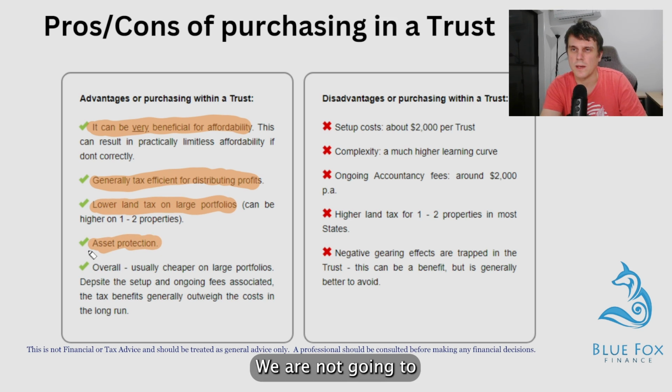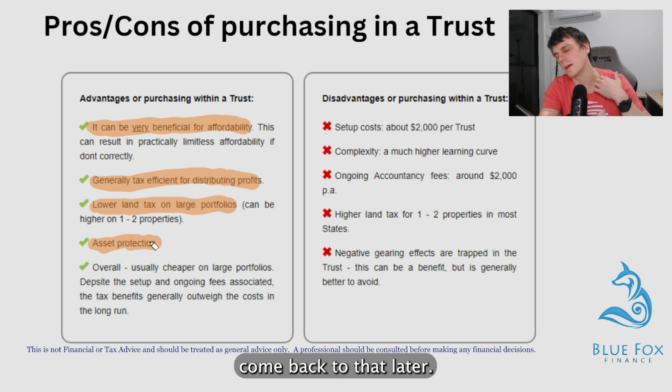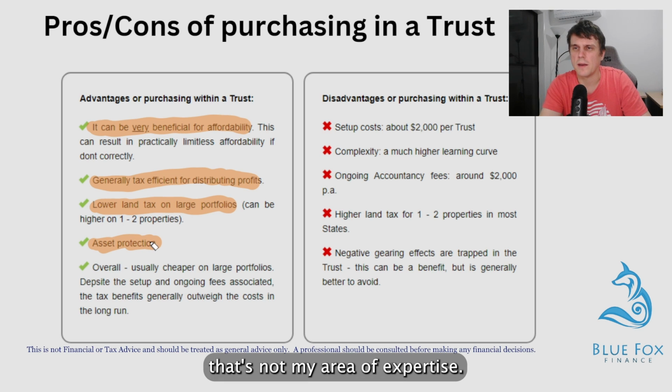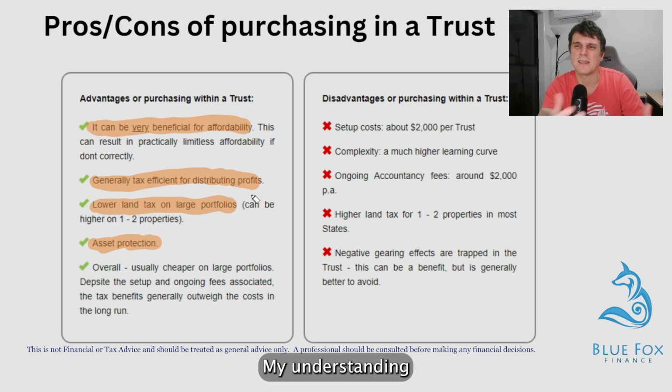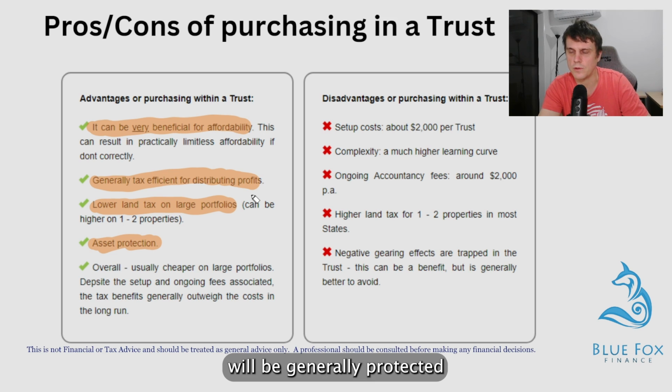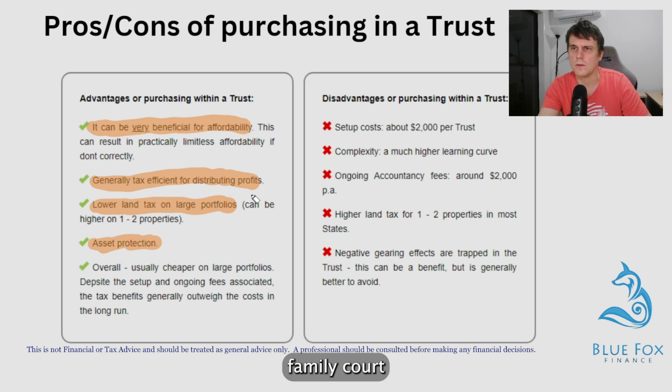Asset protection, we are not going to come back to that later, so that's not my area of expertise. My understanding is that a property within a trust will be generally protected from anything where you're personally sued. So if you get in an accident and you don't have insurance, or you're self-employed or something like that, I don't think there's any protection from family court or in some circumstances, but there's definitely a level of protection there.